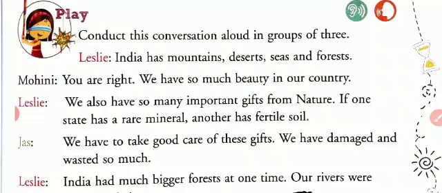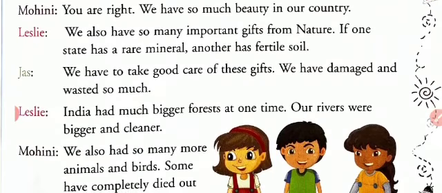Leslie: India has mountains, deserts, seas and forests. Mohini: You are right. You have so much beauty in our country. Leslie: We also have so many important gifts from nature. If one state has a rare mineral, another has fertile soil. Jazz: We have to take good care of these gifts.